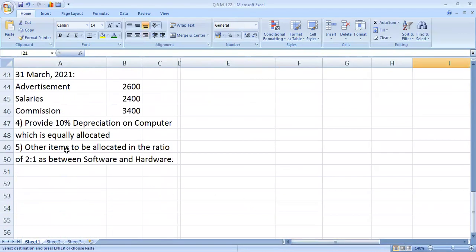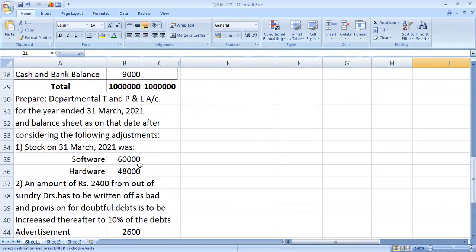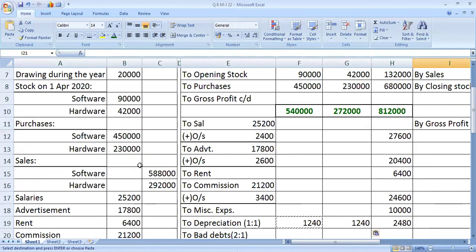Adjustment number 5. Other items to be allocated in the ratio 2:1 as between software and hardware. All items means which I have taken earlier and not distributed. Which items remain? Salary. Hence distribute in the ratio 2:1.